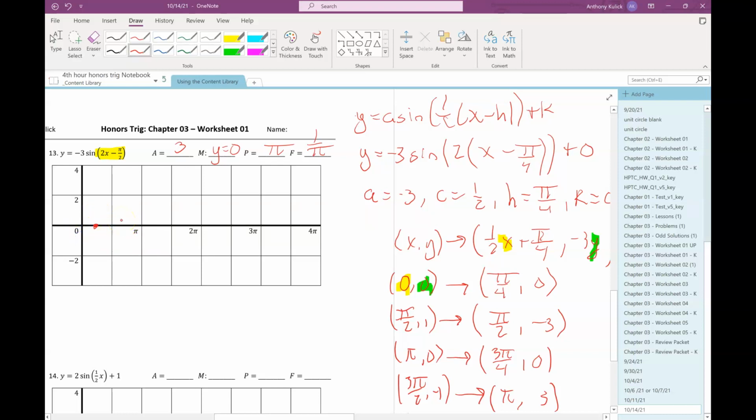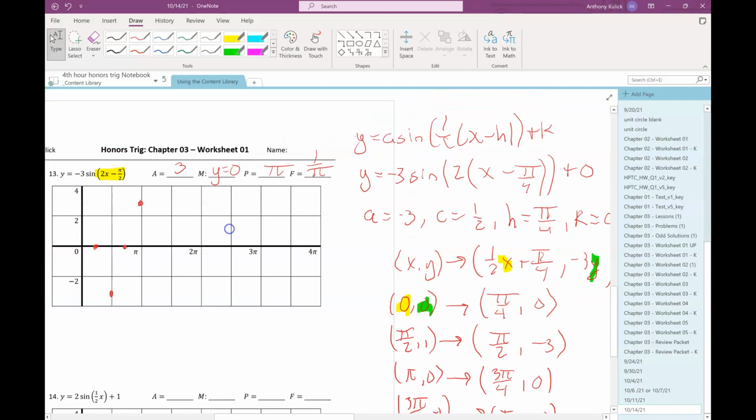And then I'm just going to start filling. So pi over 2, -3, 3 pi over 4, 0, pi, 3, and then 5 pi over 4, 0.